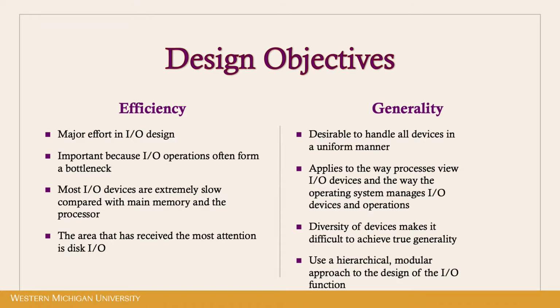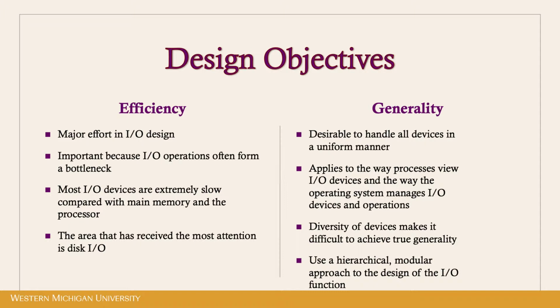So when we're talking about I/O design, we've got several objectives that we want to keep in mind. We need to design for efficiency, because I/O operations often form a bottleneck. When we talk about process control, when we go out for I/O, this is where we're blocking and waiting on things.